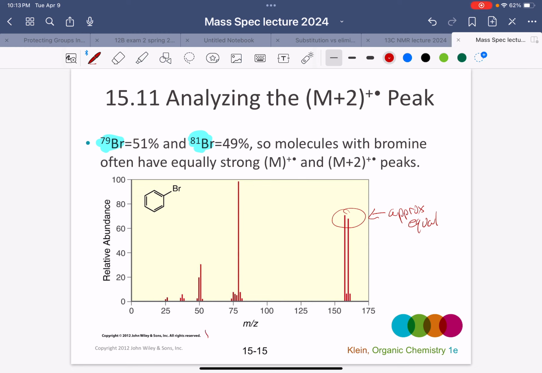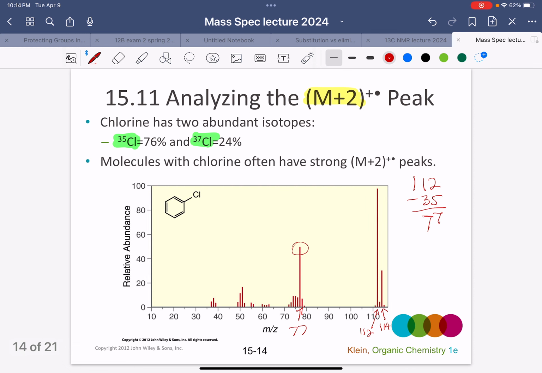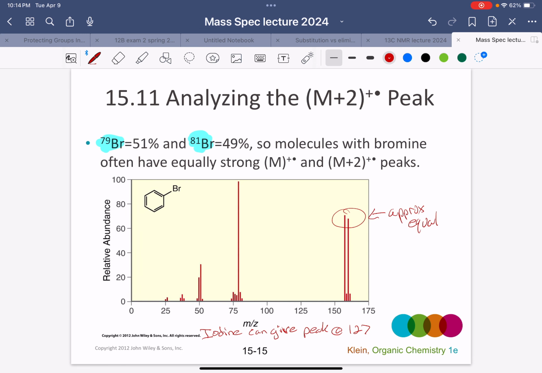It can give a peak at 127, or you'll get a gap of 127 between the molecular ion peak and the first fragment. So, you can see here we've got a gap of 79. Here we had a gap of 35. You could have a gap of 127, or just a peak at 127 from an iodine as it falls off.